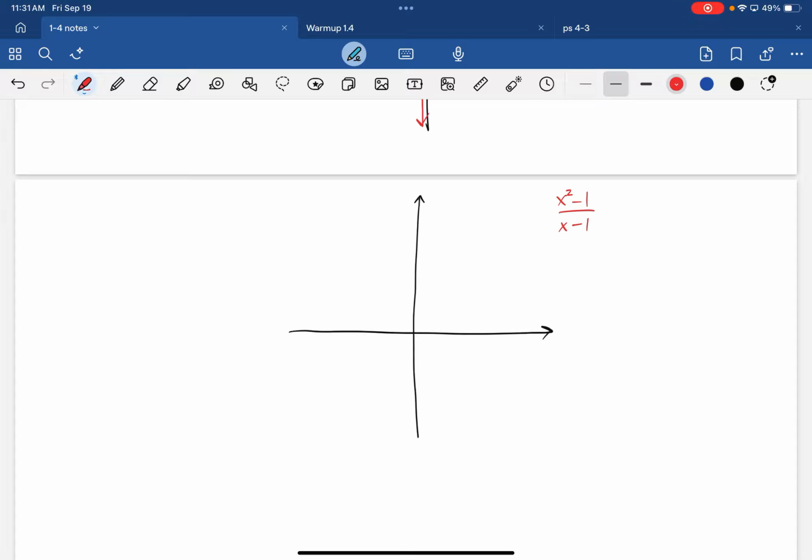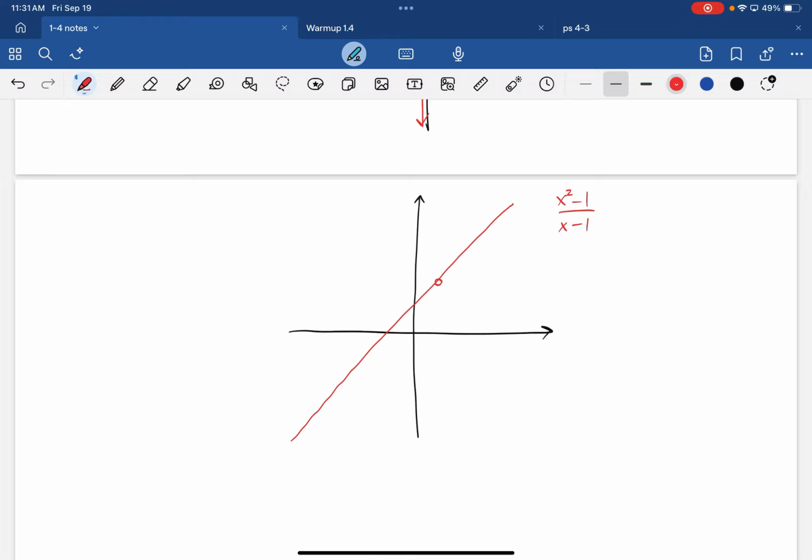And this is actually a line. What is the line? x plus 1. The line is like this. The graph of this is a line, but there's actually a hole. There's a hole at x equals positive 1.